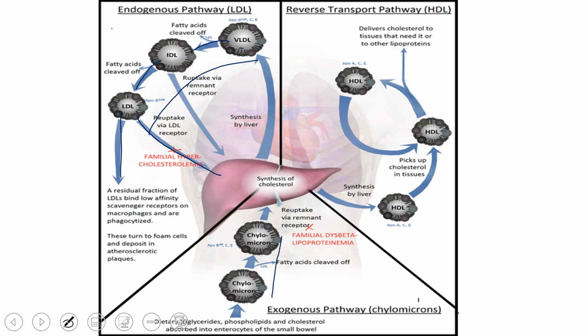It transports lipids or cholesterol, especially from the body tissue or from the circulation, back to the liver. That is called reverse cholesterol transport, because it is the opposite of the normal lipid transportation. So the question was about chylomicron. It was the exogenous pathway, and the exogenous pathway involves chylomicron only.